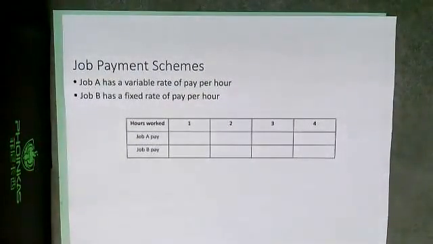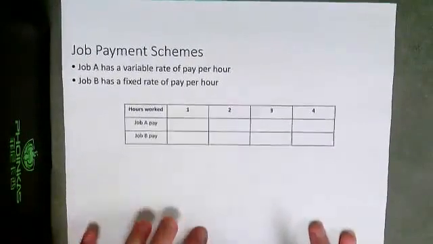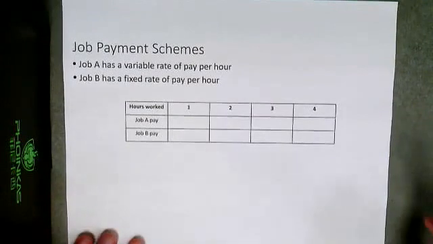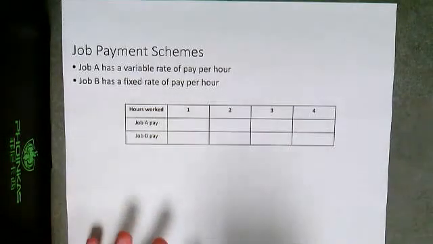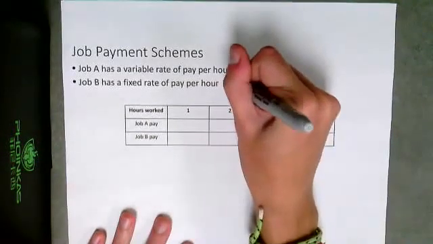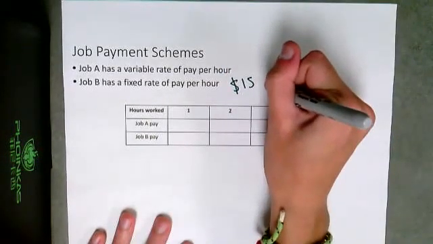Consider this. Consider job payment schemes. Job A has a variable rate of pay per hour, while job B has a fixed rate of pay per hour. Suppose that job B has a fixed pay of, I don't know, $15 per hour.